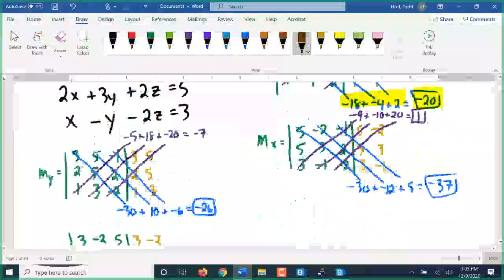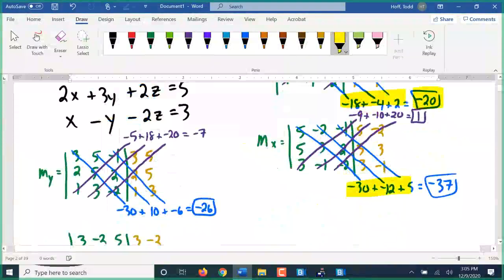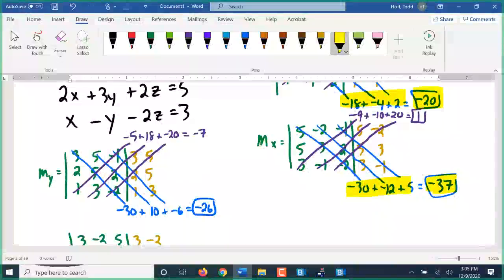For our X matrix, I already did the down diagonals. I got a down diagonal total of -37. My up diagonals, I did those, and I got an up diagonal total of +1. That gives us the determinant of -37 minus 1, which is going to be -38.